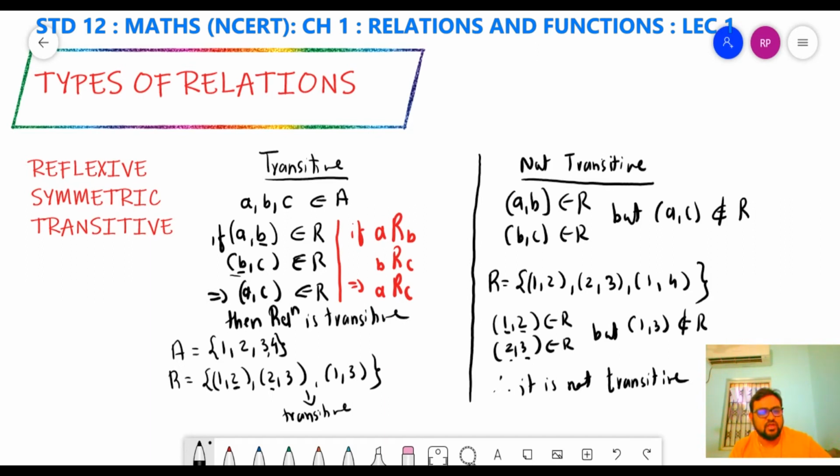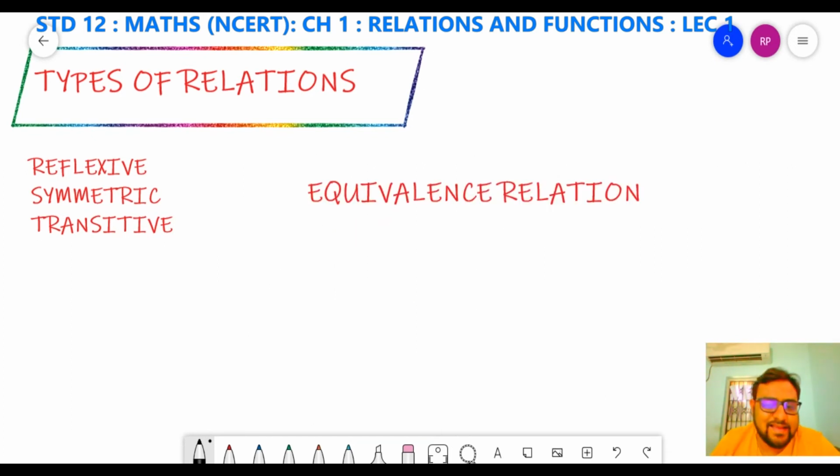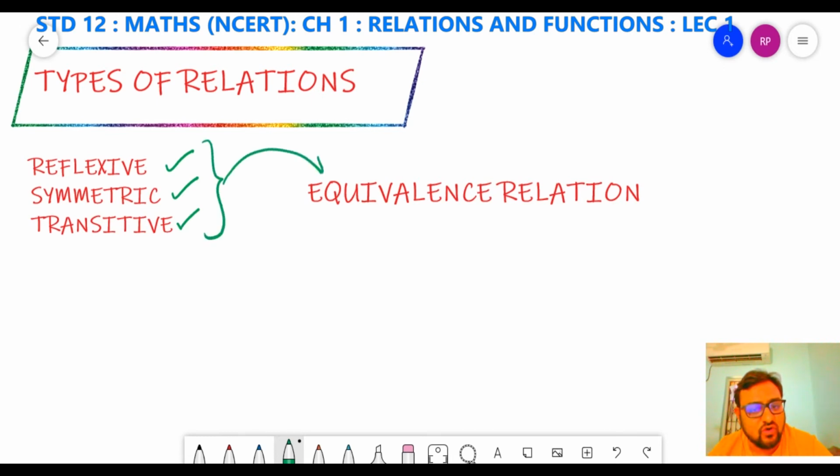Now let's move to the next one, equivalence relation. Now see, when can we say a relation is an equivalence relation? If the relation is reflexive, if it is symmetric, and if it is transitive, then we will call that relation an equivalence relation.